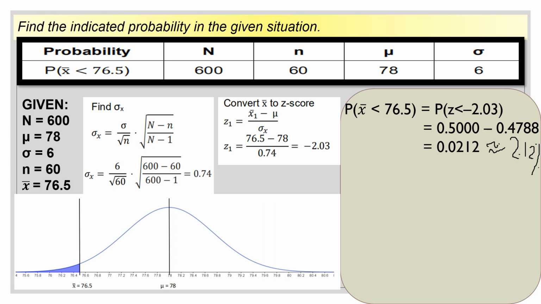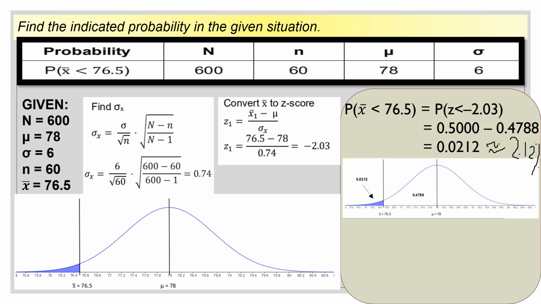So, therefore, kung makita nyo yung graph natin, 0.4788 kasi from negative 2.03. So, if this is the z-score negative 2.03, kasi equivalent z-score of 76.5 is negative 2.03, right? Bakit hindi dito yung 47.88?